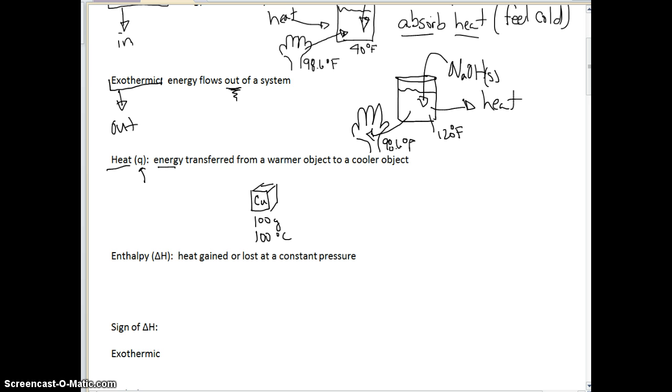Let's say there's another copper block. We place it right next to it, same exact type block, 100 grams, but this one's going to be 0 degrees Celsius. We just got it out of a freezer. Now, so we have two different temperature blocks placed next to each other, and we're going to have some heat flow occurring. So heat is going to flow from the warmer object, which is the 100 degrees Celsius block, to the cooler object.